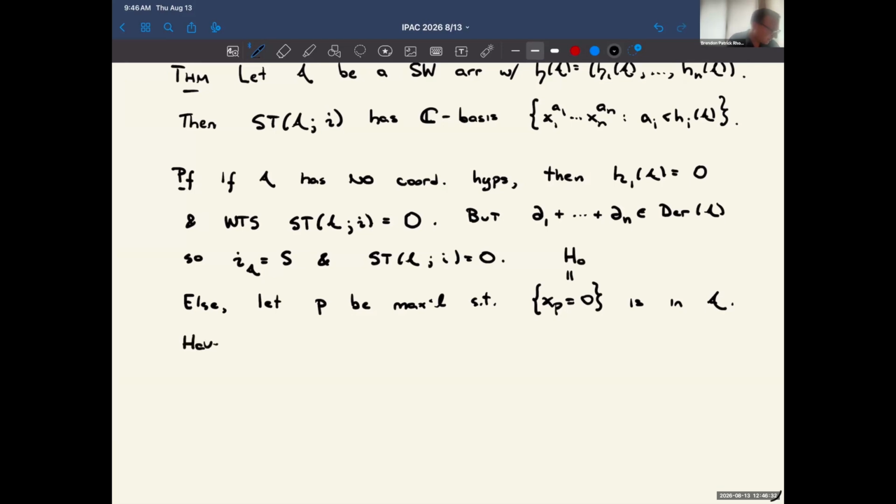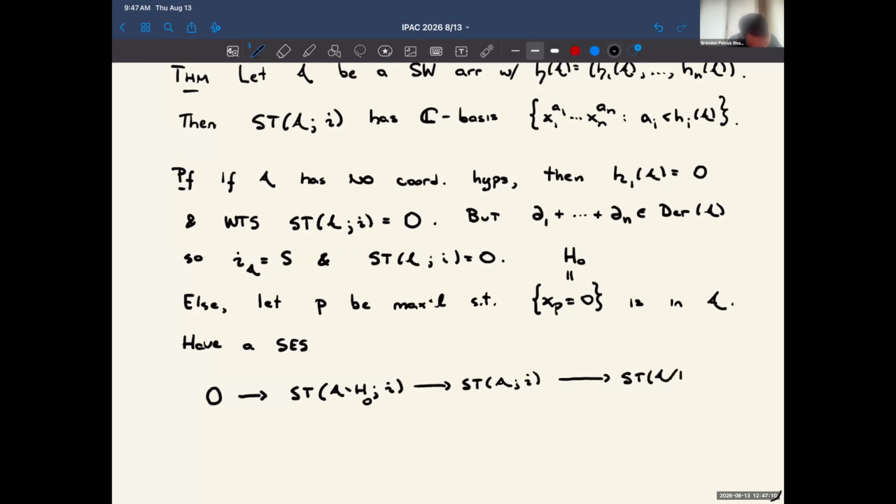Then we have a short exact sequence because we have a free triple with good exponents, from 0 to Solomon-Terao of A without H, I, to Solomon-Terao of A, I, to Solomon-Terao of A contract H naught, I, to 0.